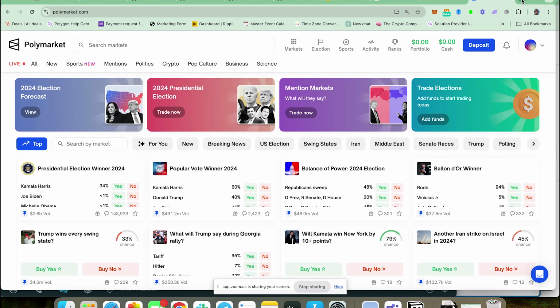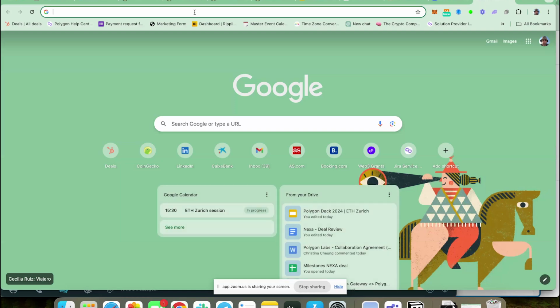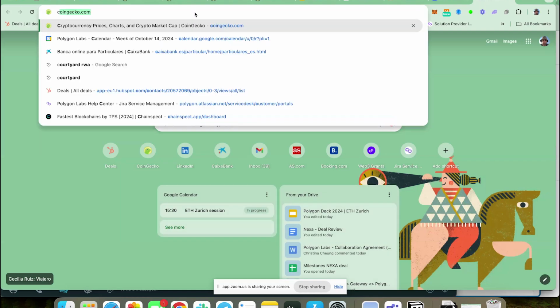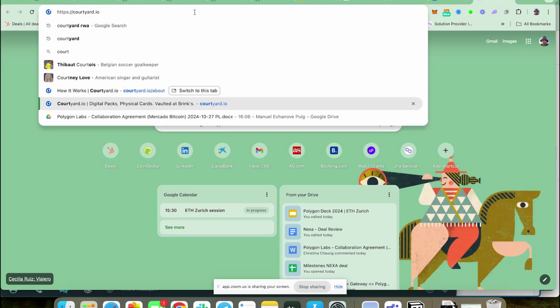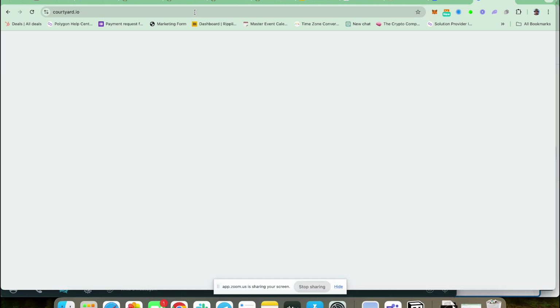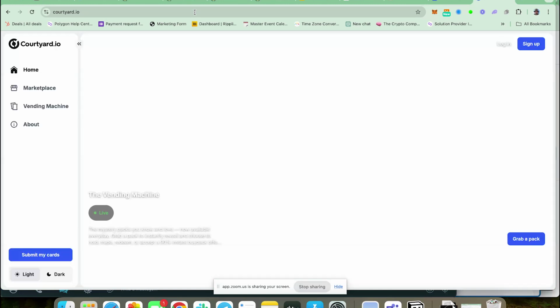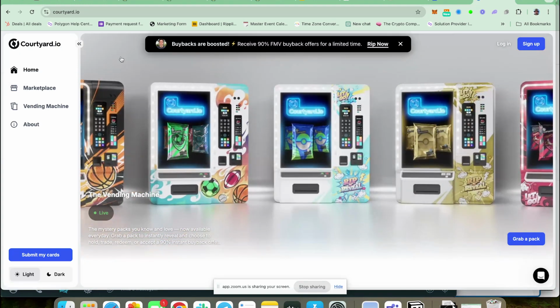And then the last project I wanted to show you is courtyard.io. Basically, this project is an RWA marketplace.